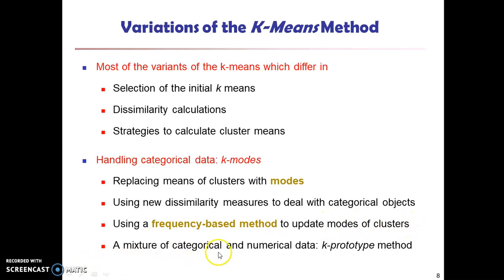A mixture of categorical and numerical data is handled by the k-prototype method. So, when handling categorical data in the k-means algorithm, we need to consider k-modes, dissimilarity measurements, frequency-based methods, and the mixture of categorical and numerical data.